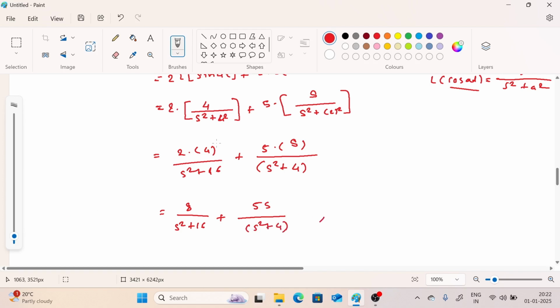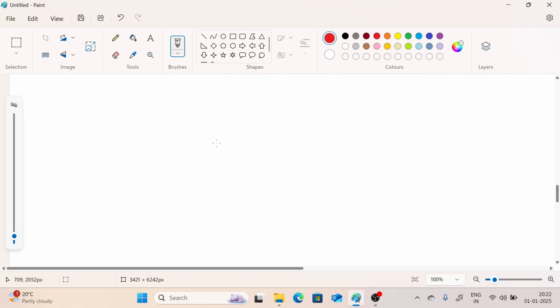This is the answer for the Laplace of 2 sin 4t plus 5 cos 2t, right? Now we move to the next one.